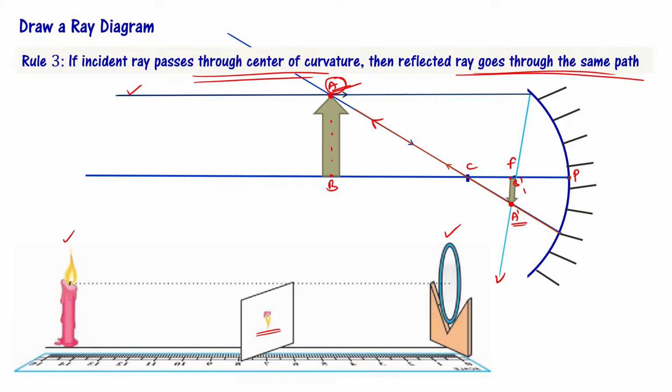In the case of arrow also, the image is smaller, right? And second thing is, arrow is inverted. Similarly, your candle is also inverted. You understood? In the case of concave mirror, whatever you have seen here, by conducting an experiment, you could get the same kind of picture just by drawing ray diagrams, right?